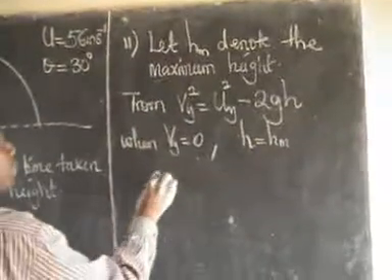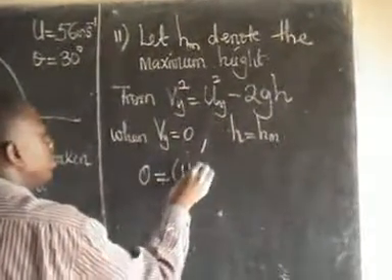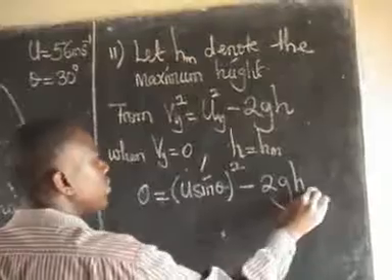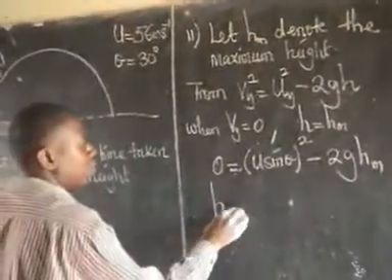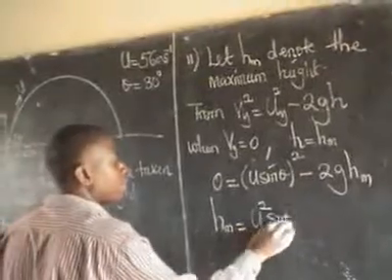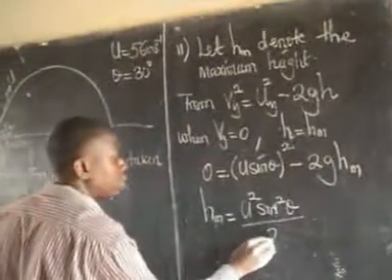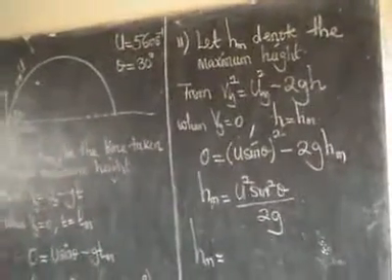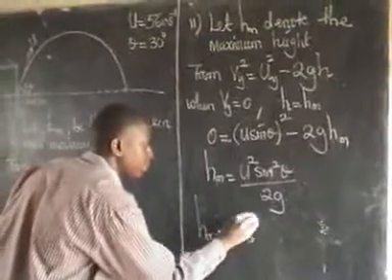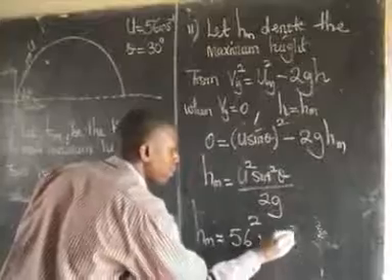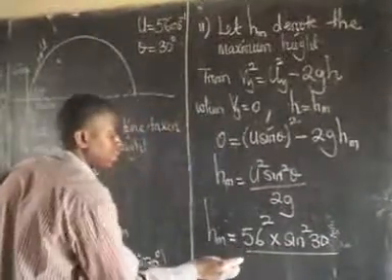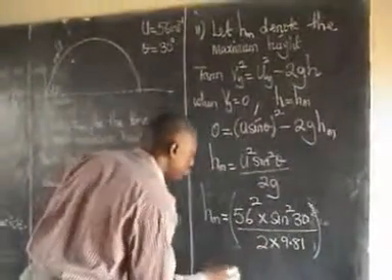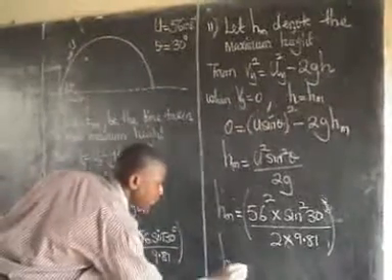By putting 0, remember your Uy is U sine theta, so 0 is equal to U sine theta squared minus 2G Hm. So my Hm is equal to U squared sine squared theta divided by 2G. Now substitute the values. The U is 56 squared, sine squared 30, divided by 2 times 9.81.